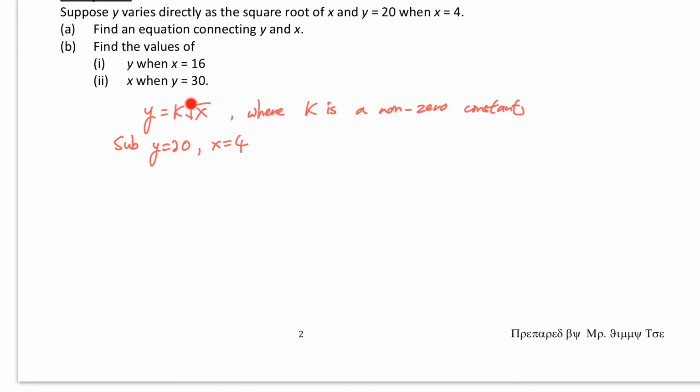So you need to find the value of k. I know k is a constant. According to the given information, I can find the constant k. Then 20 is equal to 2k, k is equal to 10. So I know y is equal to 10 times root x. This is part A.